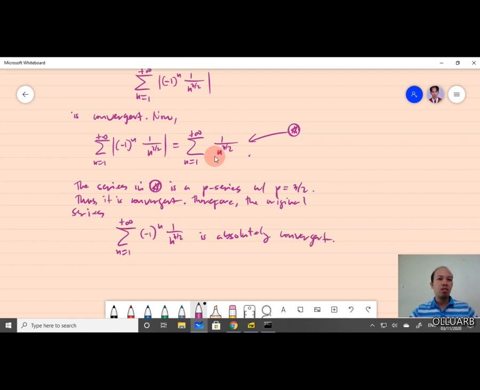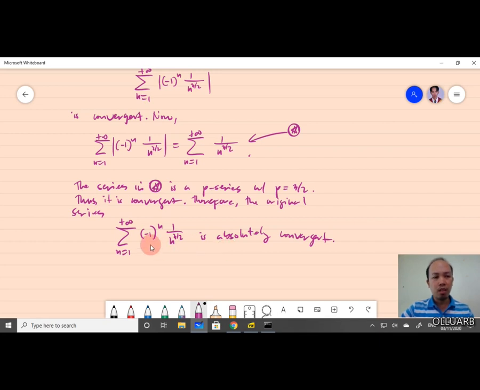Moreover, as you can see in the definition, after the definition we have a theorem, and it says that if the series is absolutely convergent, then the given, or original, series is convergent. That's how you show that the given series is convergent.